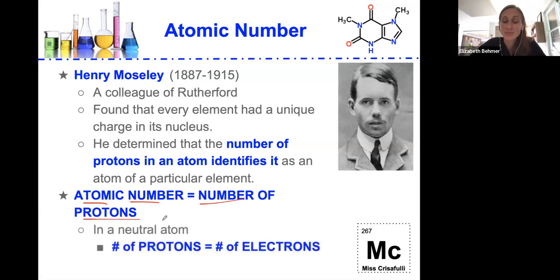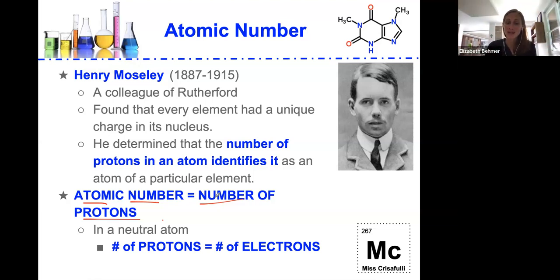In a neutral atom, for example, that has no charge, the number of protons will actually also equal the number of electrons, because the number of protons, being positive, need to be completely neutralized by the negative electrons. So that's really important also to remember. So the atomic number is equal to the number of protons, but if that atom is neutral, there's no charge to it, meaning it won't be an isotope.